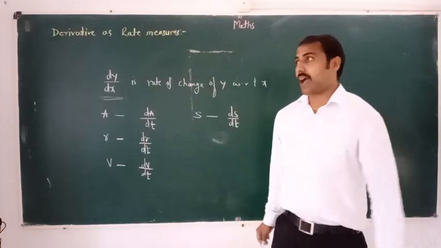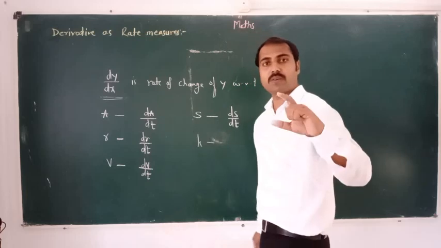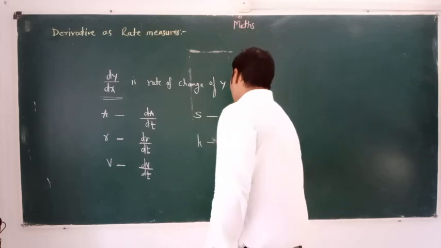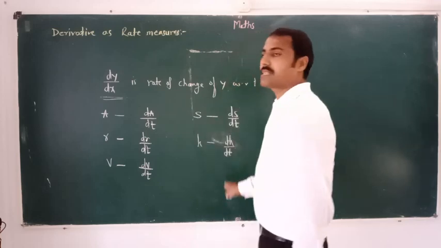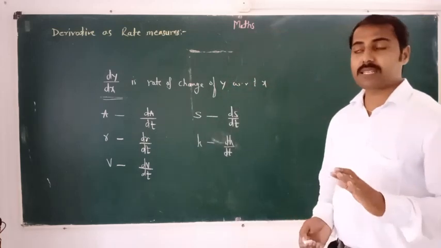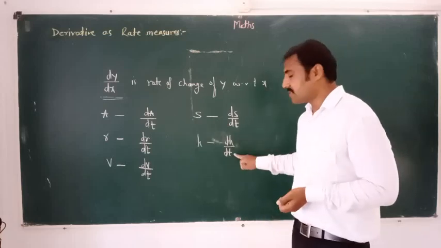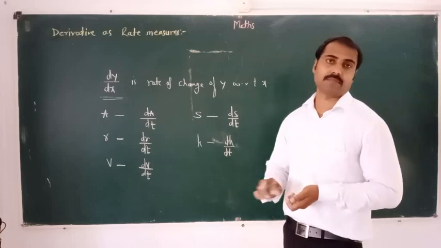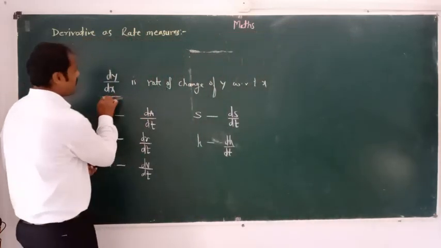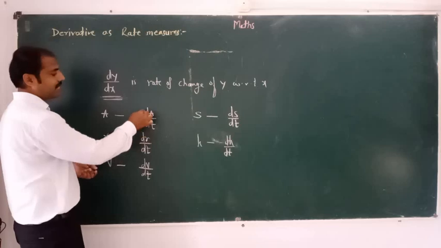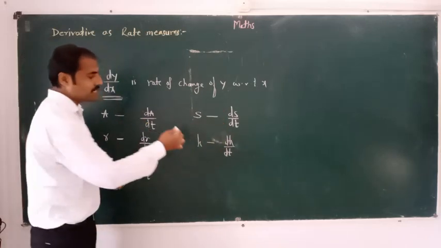If h is the height of the cone, then what is meant by dh by dt? dh by dt is nothing but the rate of change of height with respect to time. So these are the meanings of dy by dx, dA by dt, dr by dt, dV by dt, dS by dt, dh by dt.